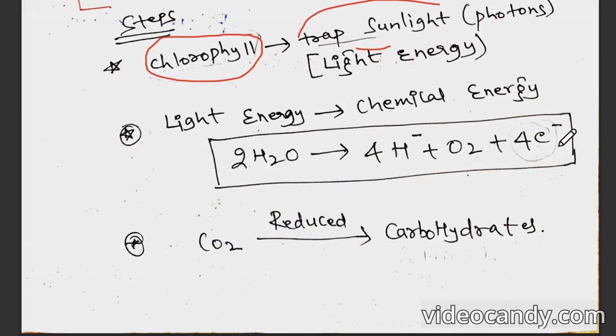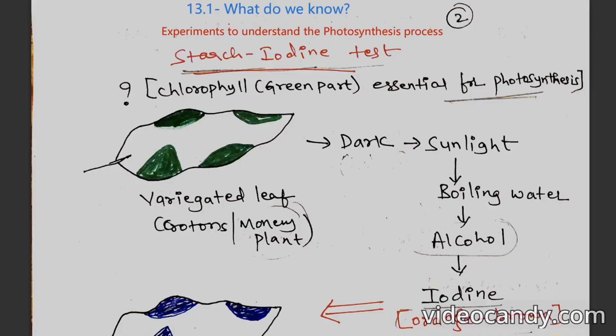Electrons are very much required to maintain the photosynthesis process. Later the CO2 is reduced to carbohydrate, I mean CO2 is fixed to carbohydrates, that's glucose. Why is it reduced? There is an addition of hydrogen here, and addition of hydrogen is called reduction. That's why CO2 is said to be reduced into carbohydrates.